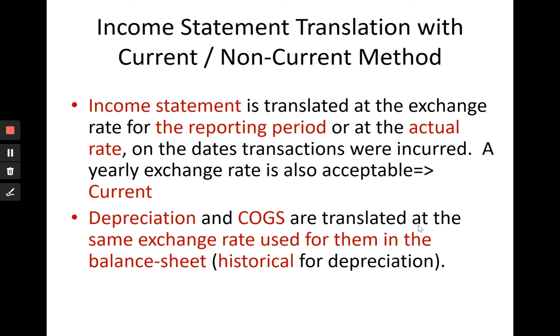Depreciation is often historical, because the asset is a long-term or non-current asset, and those assets are depreciated. And cost of goods sold, particularly if we buy a load of lumber this year and use it this year, we would translate at the exchange rate of this year.